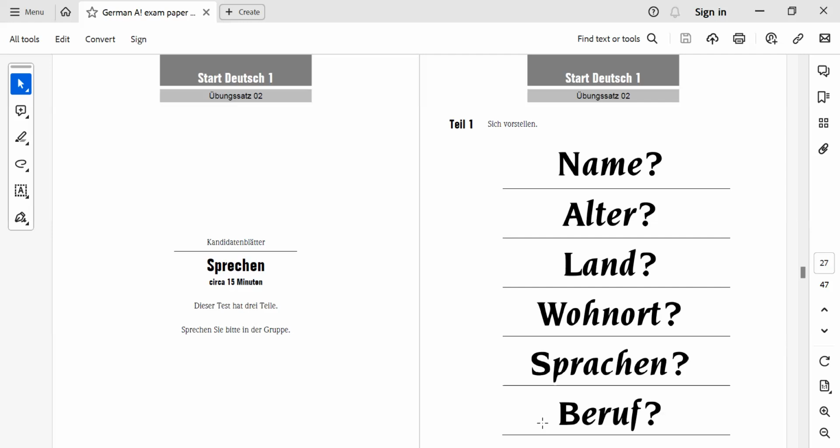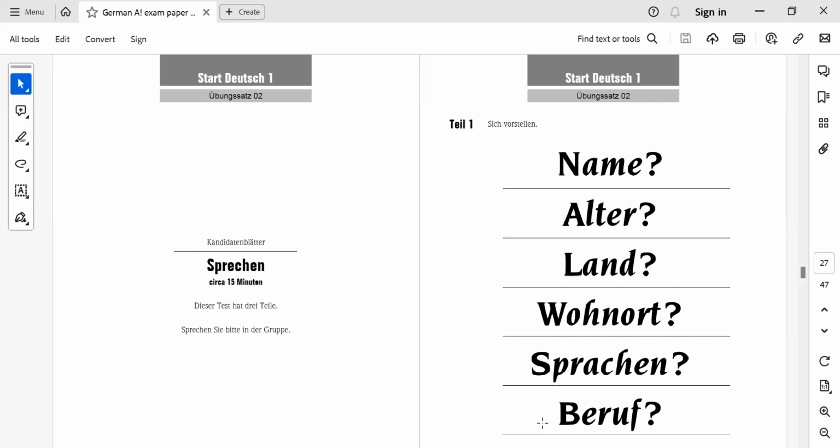Most of the professions, 80%, have male professions ending in ER, and the female professions end with IN. For example, Kellner, Kellnerin, Pilotin, Arzt, Ärztin, Ingenieurin, Chemikerin, then Mechanikerin. Like this, Professor, Lehrer. If you see, most of the professions have ER for masculine, and IN for feminine.